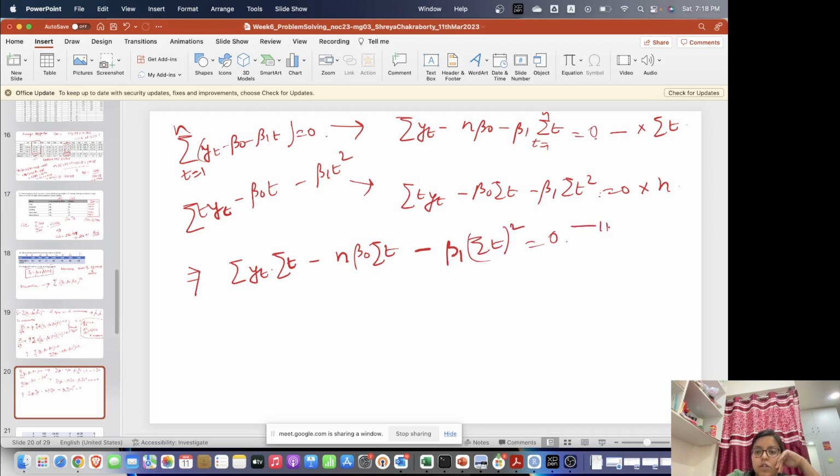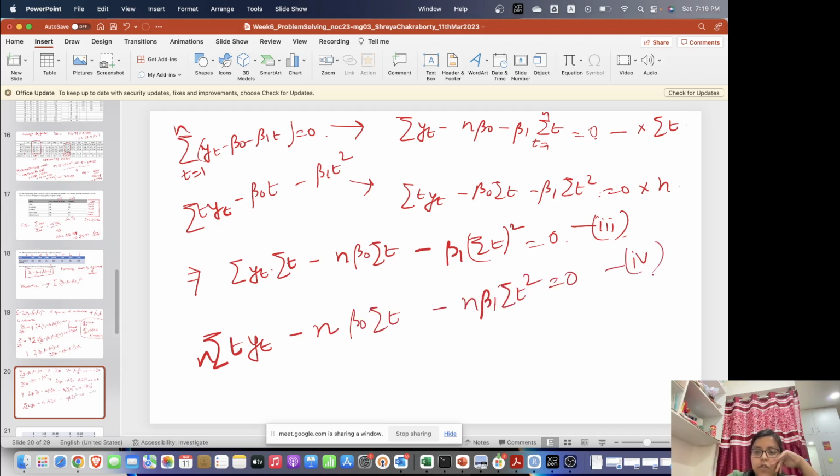This is equation 3. And this is summation t y_t minus n t y_t, n beta naught summation t minus n beta 1 summation t square equal to 0. This is equation 4. So if we do equation 3 minus equation 4, then what am I going to get?